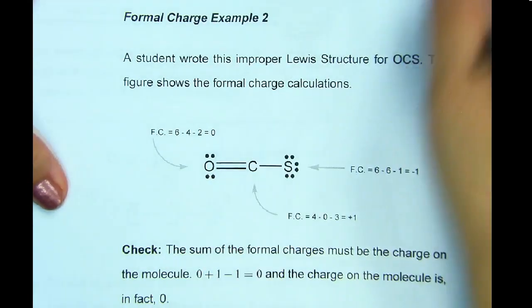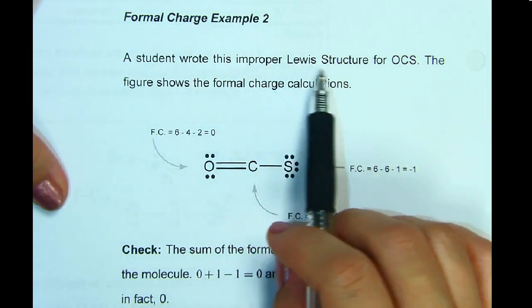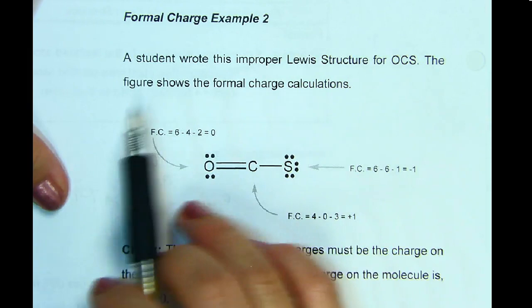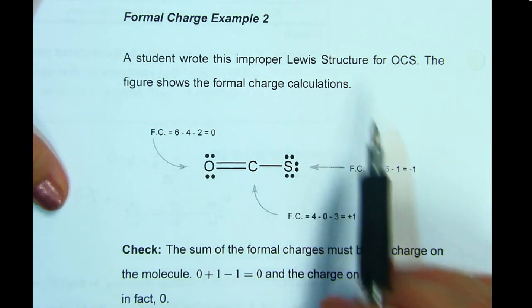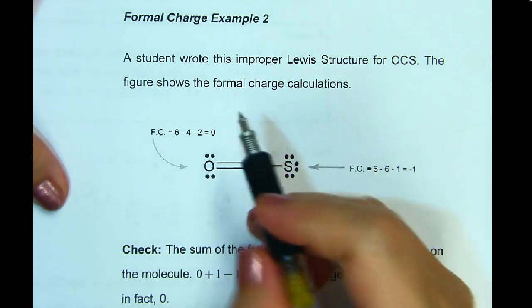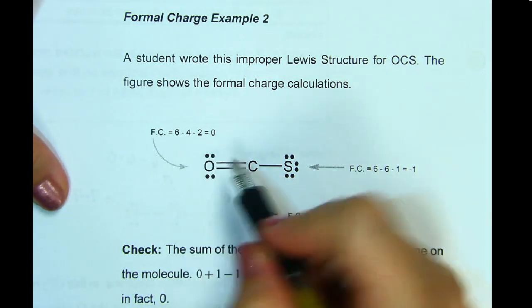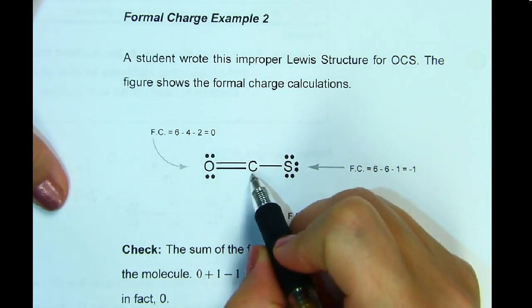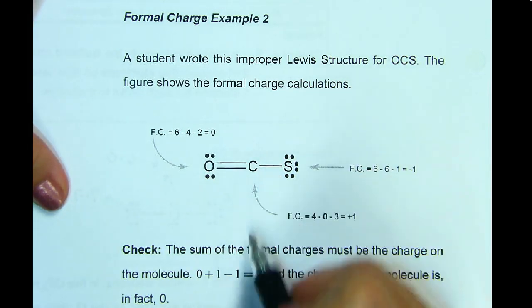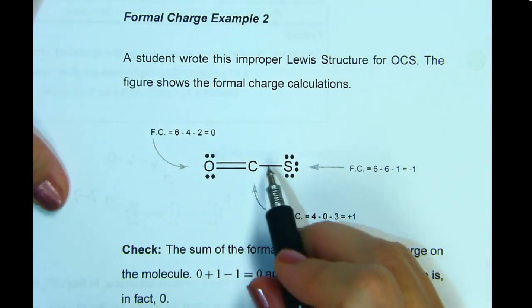So here's another example of calculating formal charge. A student wrote this improper Lewis structure for OCS. The figure shows the formal charge calculations. This oxygen has a formal charge of 0: 6 valence minus 1, 2, 3, 4, 5, 6 equals 0. The carbon has 4 valence minus 1, 2, 3. 4 minus 3 equals a plus 1 formal charge on this carbon.